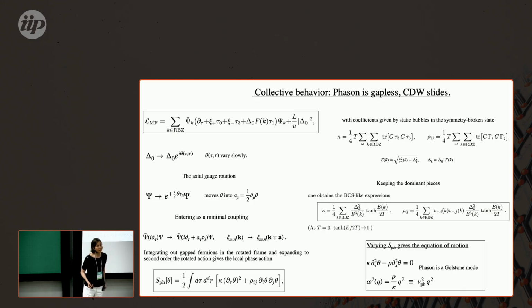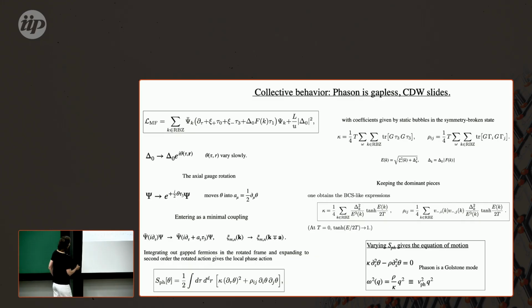The collective excitations are going to be essentially the phase of those charge density waves and the amplitudes of those charge density waves. So we can write the order parameter in this way, where here is the phase, and we can include the phase into this Lagrangian just using an axial gauge rotation and using the minimal coupling. We incorporate this theta inside the mean field, right?